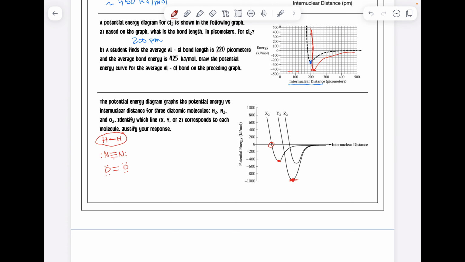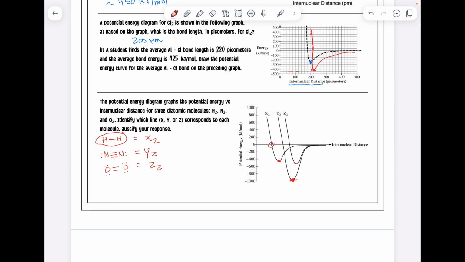So hydrogen would actually be the X. Now we've got a shorter distance, highest energy. That's going to be our nitrogen. And then finally, oxygen is over here. It's in the middle, right? It's got a double bond. A double bond is in the middle. So that's going to be Z2.